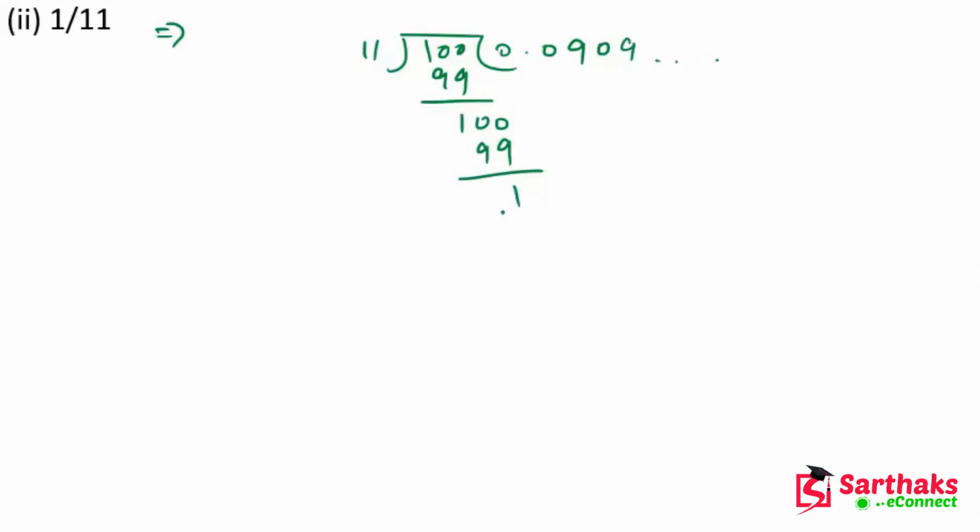And similarly, the steps will keep on repeating. So now we have 1 upon 11 is equal to 0.09090909 and so on. So we can write it as 0.09 bar.